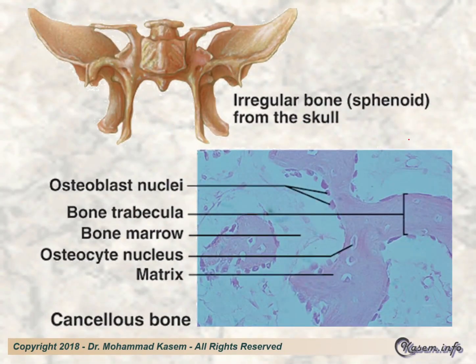Here is the H&E preparation, the decalcified preparation of the cancellous bone. We cannot find the Haversian system here.